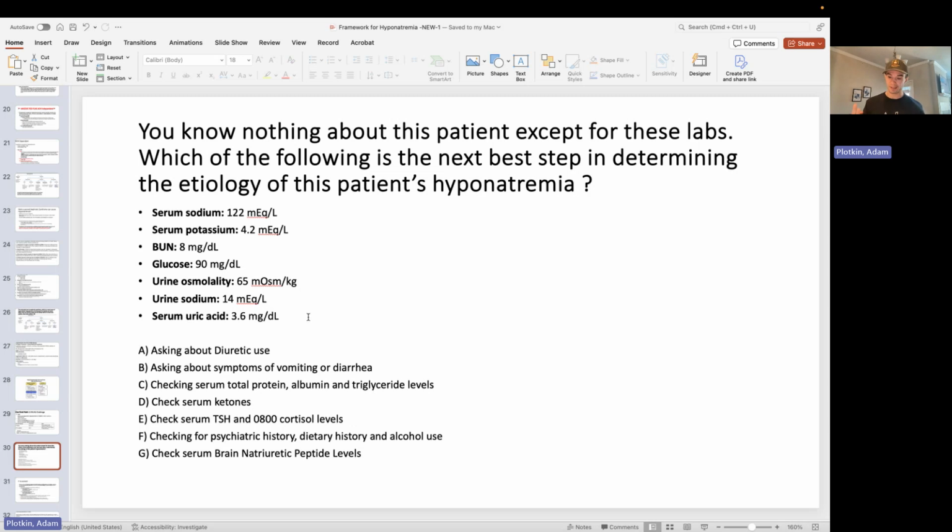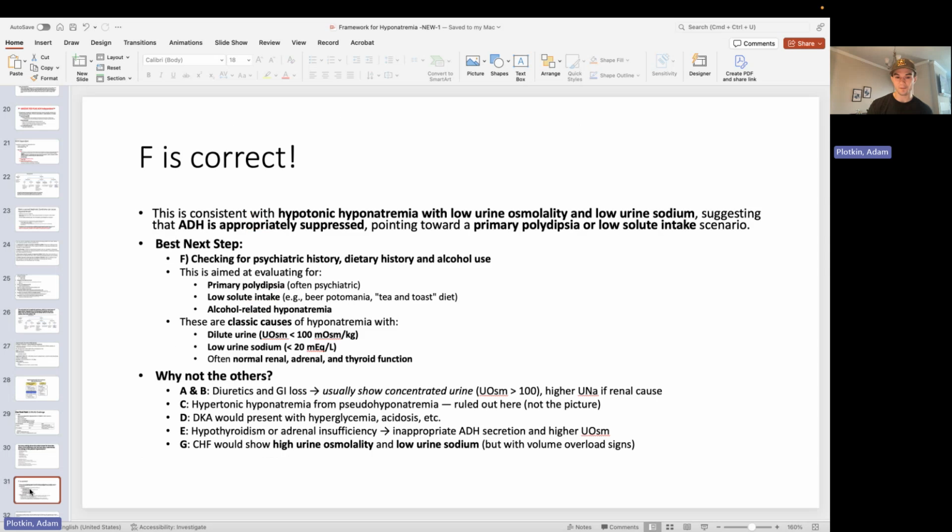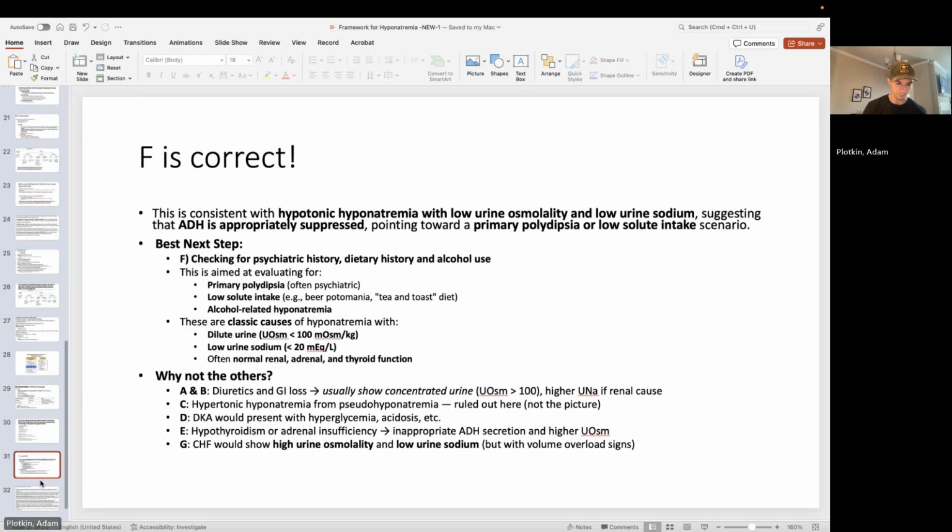So what were the 3 big things I told you that would appropriately suppress ADH in euvolemic hyponatremia? That's primary polydipsia, beer potomania, and tea and toast. So the correct answer would be F. We'd look for a psychiatric history, dietary history, and alcohol use. We can treat them with giving them the proper diet or restricting their fluids or both, right? And that will help clear things up.